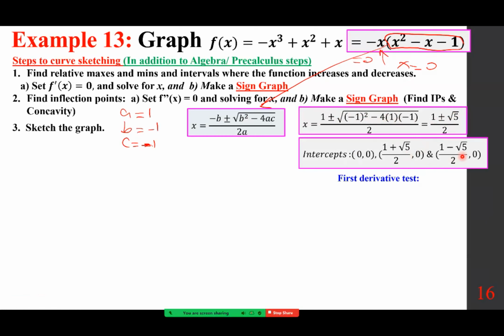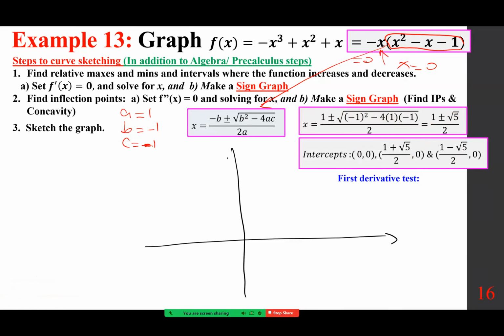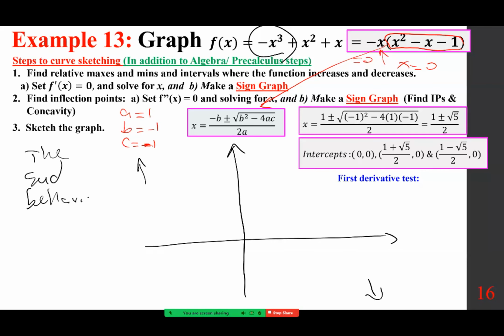Now, I can graph this using pre-calculus stuff. Because this is minus x cubed, the leading term, this is called the end behavior. The graph looks like minus x cubed, so the second and the fourth quadrant.